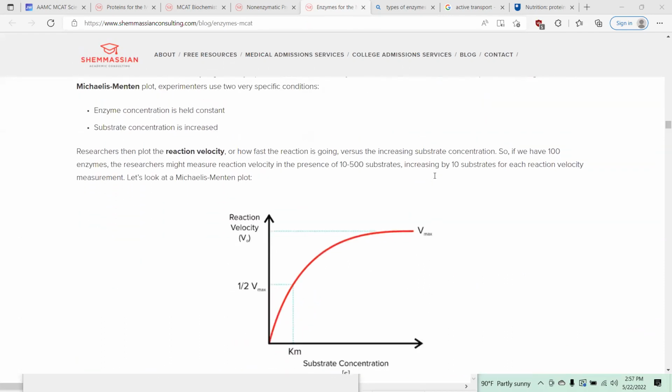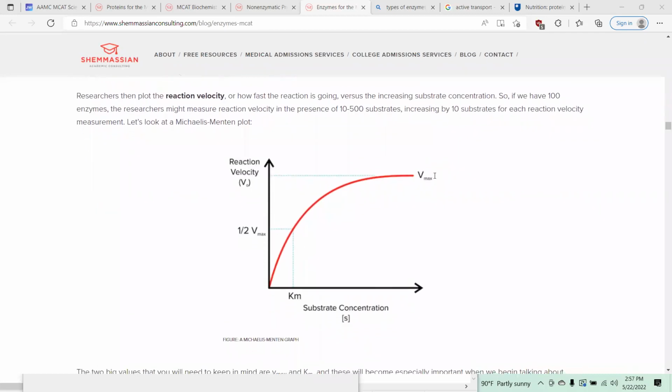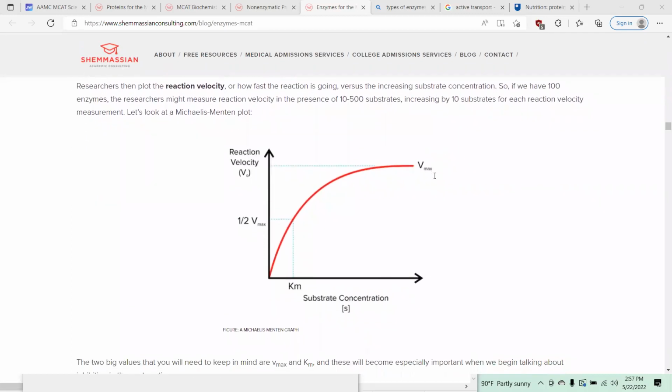Okay, so enzymes have different activity based on the substrate concentration. Let's think about it this way. Let's say I have 5 enzymes, or let's use some other example.